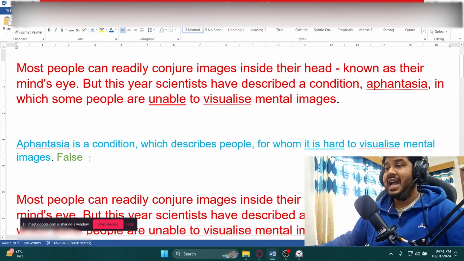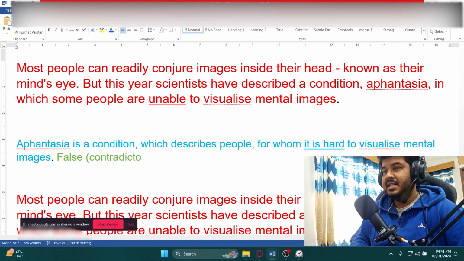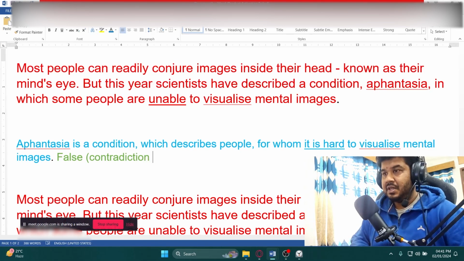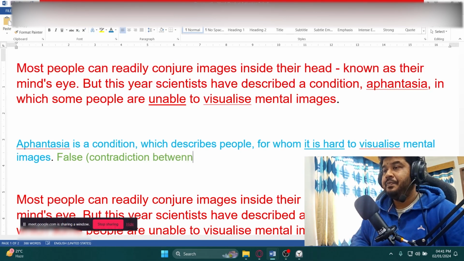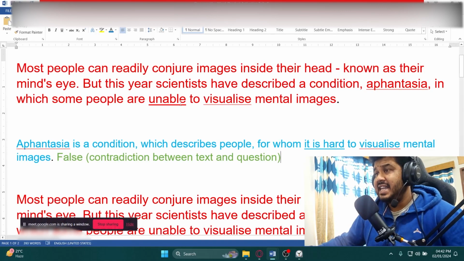So whenever you have an answer to a question which is false, it basically means there is a contradiction between the text and the question. Okay? You can always find the answer or you can find the contradiction.